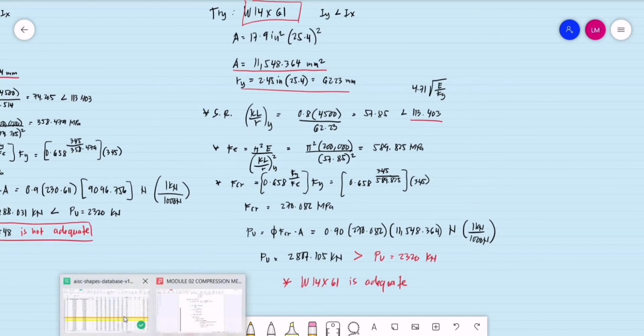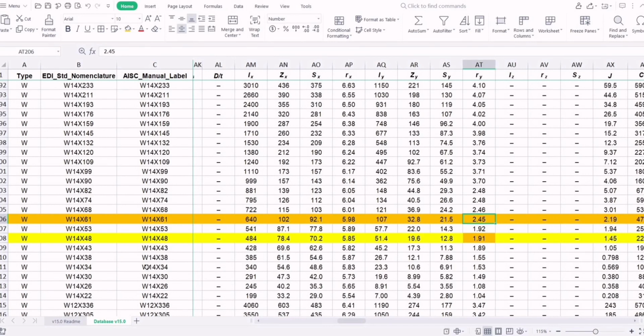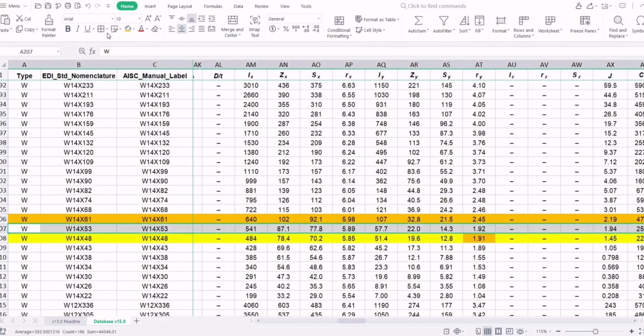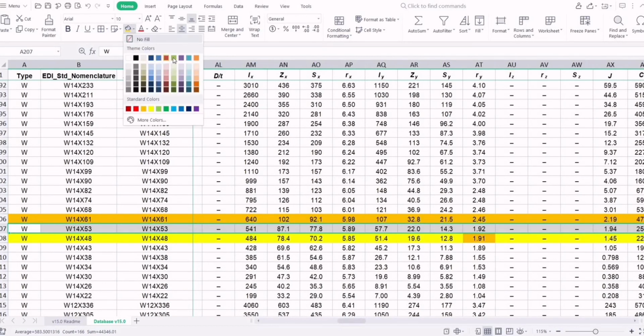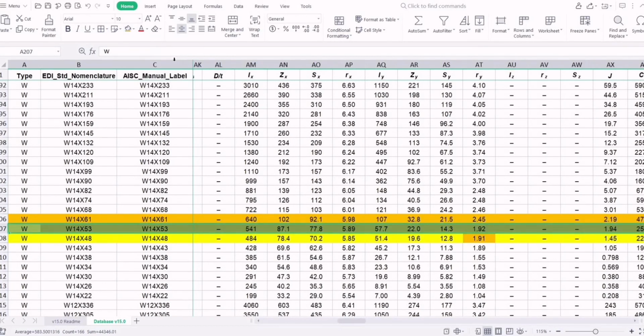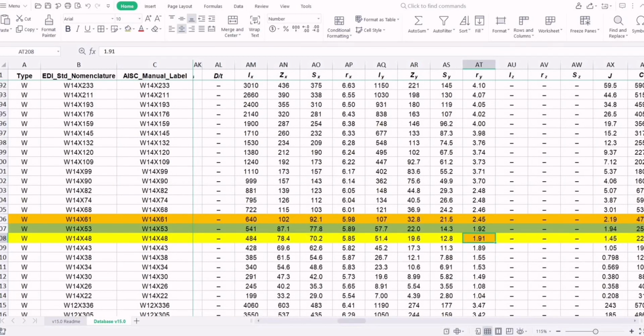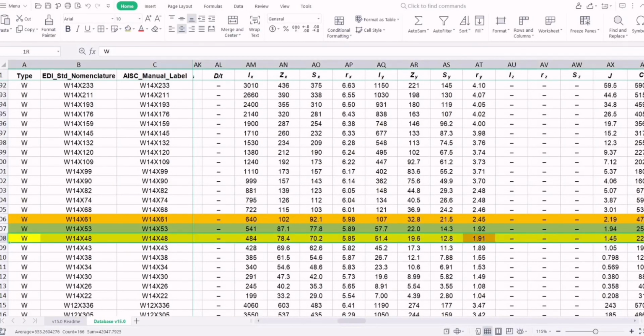But if we go back to our database, I skipped the W14 by 53. So I just want to make sure that our new trial section will be adequate. If you observe, the radius of gyration of the W14 by 48 and W14 by 53 are very close, 1.91 then 1.92.